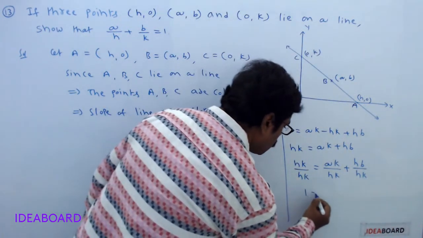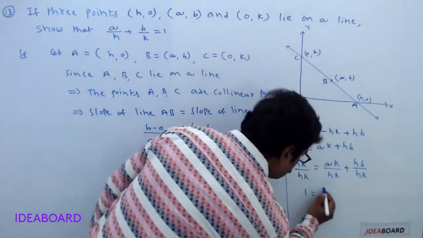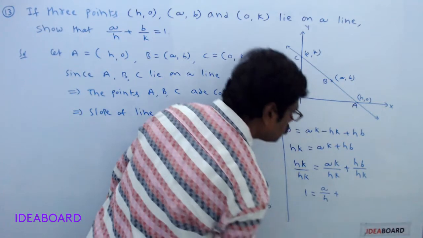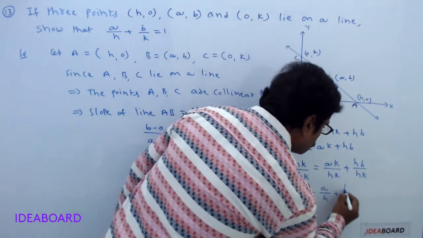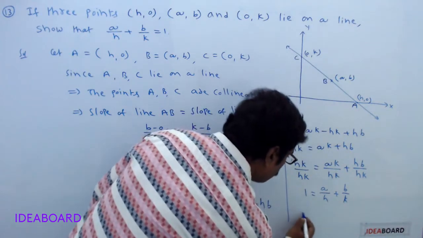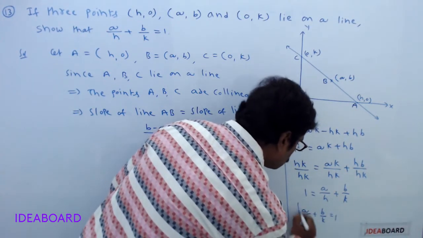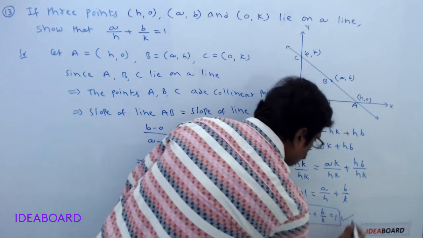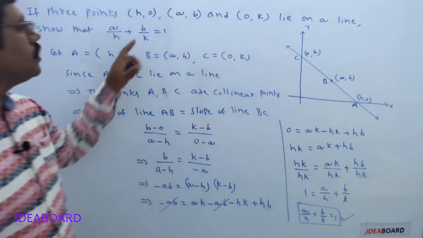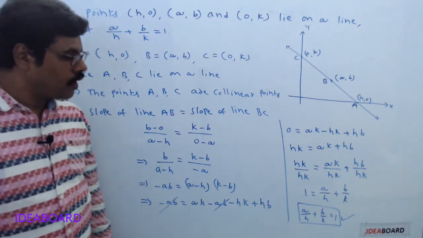Now here hk term will be cancelled. Now here constant k will be cancelled, a by h. Now here h will be cancelled, it is b divided by k. So therefore a divided by h plus b divided by k equals 1. So this is our required condition: a by h plus b by k equals 1.